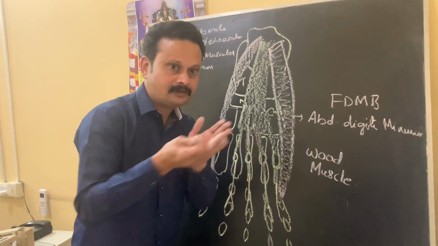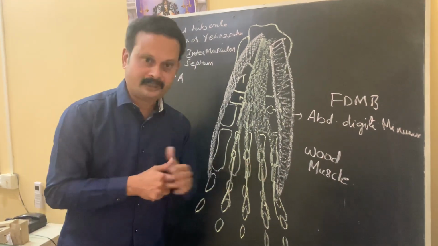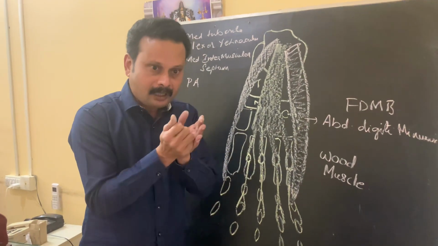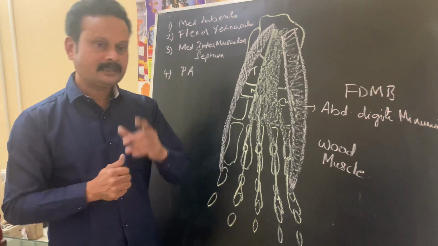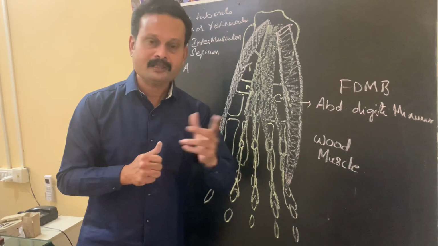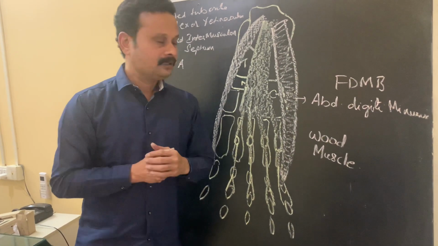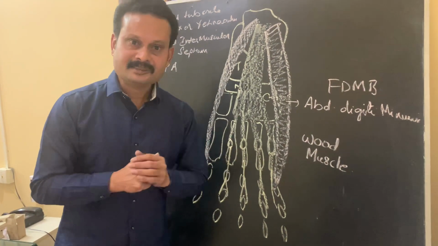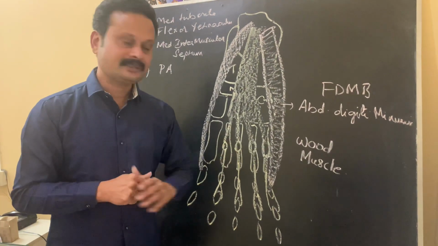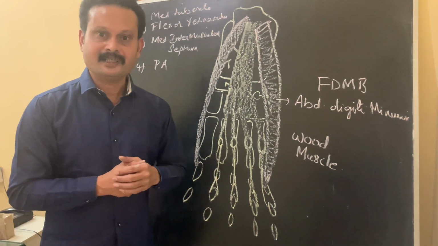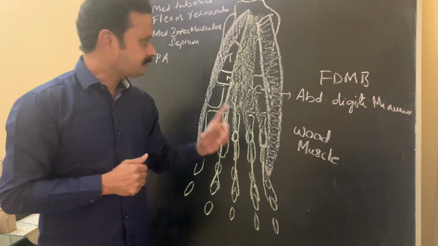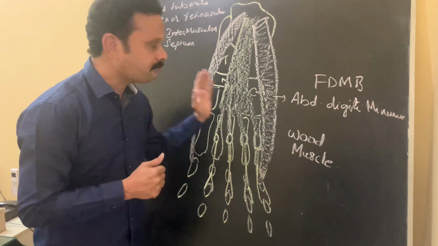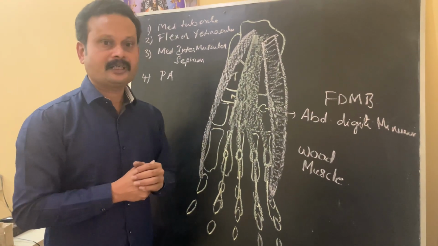Since it is attached to the lateral aspect, its contraction should cause abduction of the little toe, but this again is seen only a bit in barefooted people, and in shoe wearing people this action is not seen. Instead it causes plantar flexion of the little toe. This is all about the three muscles of the first layer of the sole.